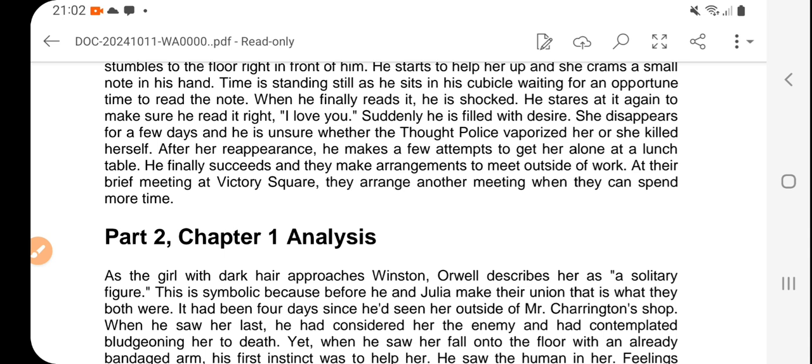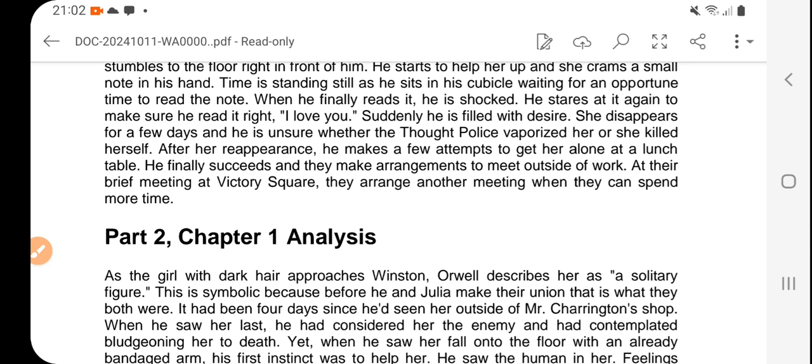The note was given by the girl, and Winston wants to read it, so he sits in his cubicle waiting for the right moment. He is curious about what is written in that note.